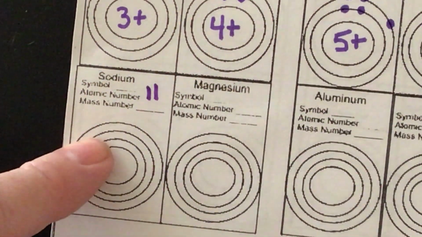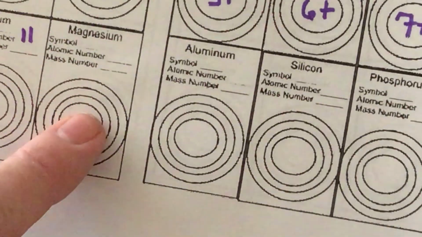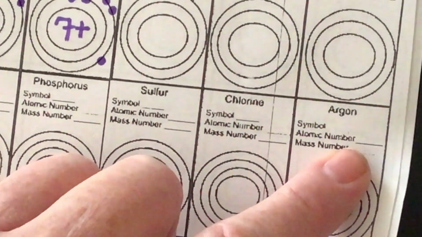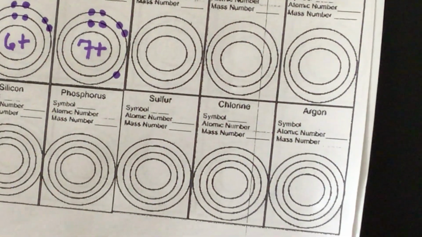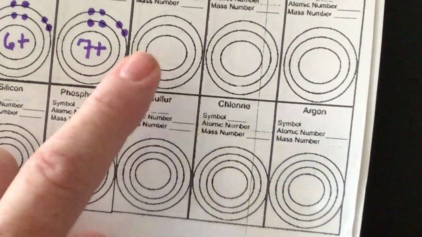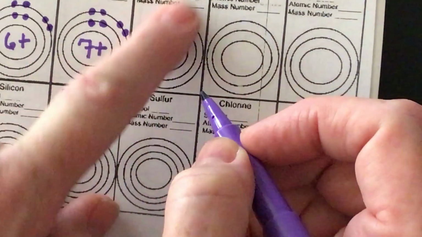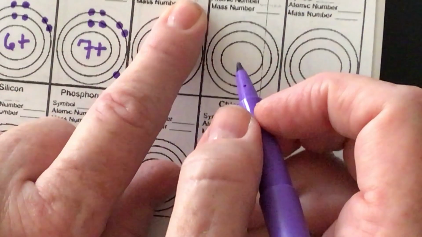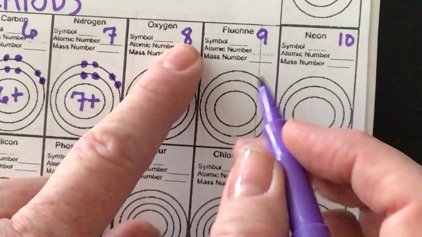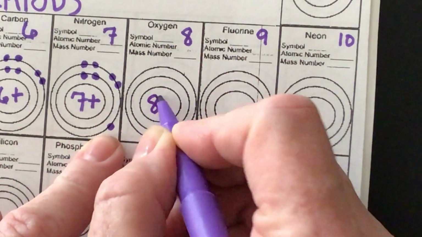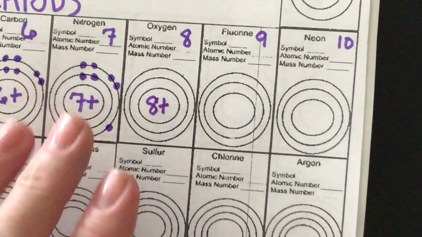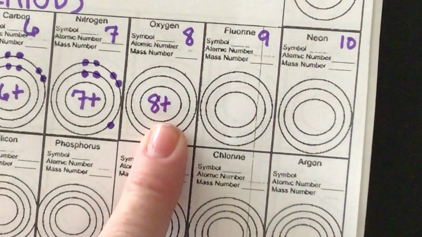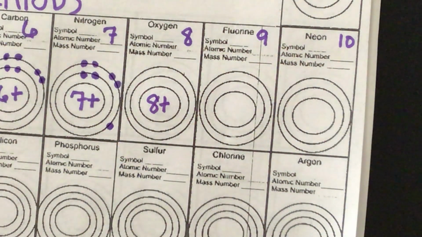You'll go all the way to 11, 12, 13, 14, 15, 16, 17, 18. You'll go to 18. How many protons will be in this one? 9. The number right there, 8. So you're just going to add 1 proton and 1 electron to each of these.